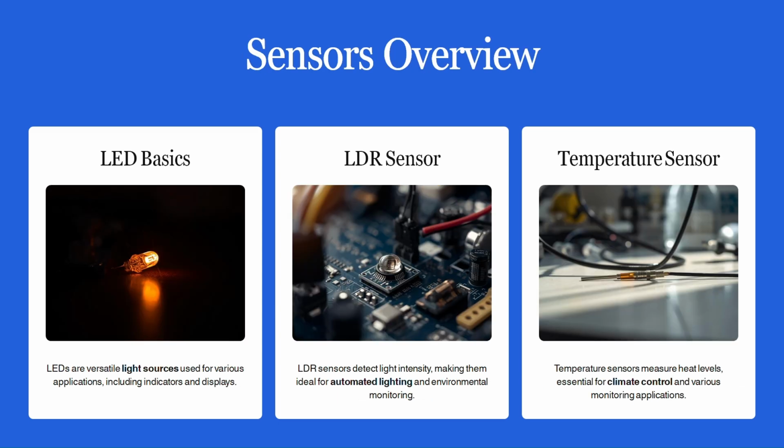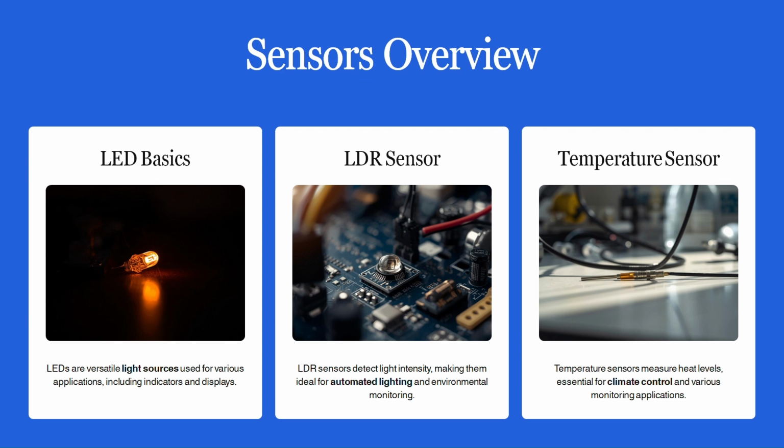Second one is the sensor overview. In our project, we use the LDR sensor and temperature sensor. LDR, a versatile light-dependent sensor used for various applications, including indicators and displays. The LDR sensor detects light intensity, making it ideal for automated lighting and environment monitoring.